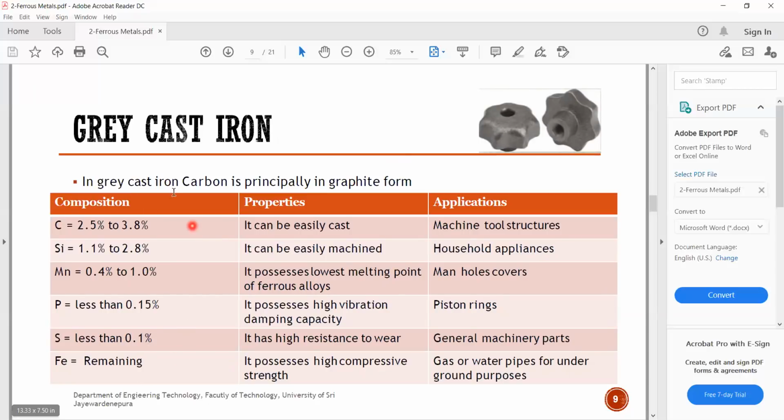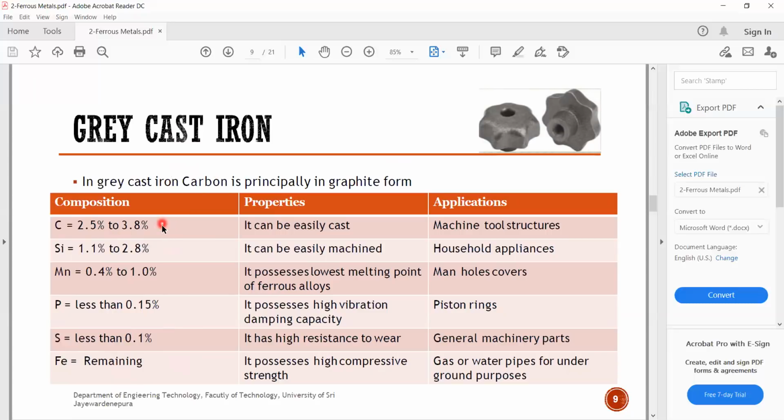This grey cast iron has carbon and iron. Other than carbon and iron, it has some impurities, right? Non-ferrous metals: silicon, manganese, phosphorus, sulfur, right?